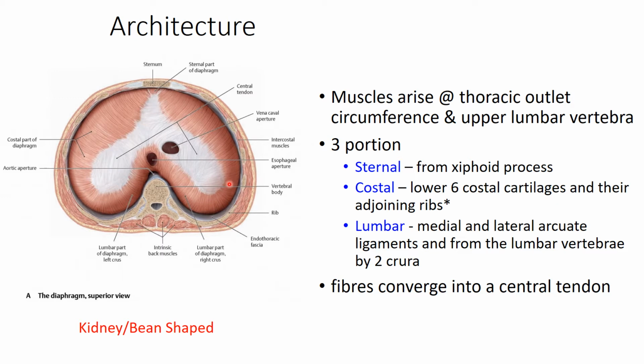Then the costal fibers arise from the lower 6 costal cartilages and their adjoining ribs, and these fibers interlace with the innermost abdominal muscular layer, the transversus abdominis. Posteriorly are the lumbar fibers, which arise from the medial and lateral arcuate ligaments and from the vertebral body by the crura. These fibers converge centrally to form the central tendon, which is the fibrous portion.